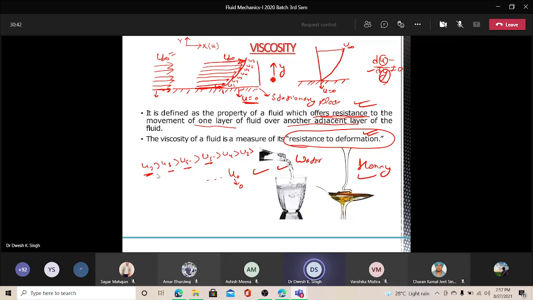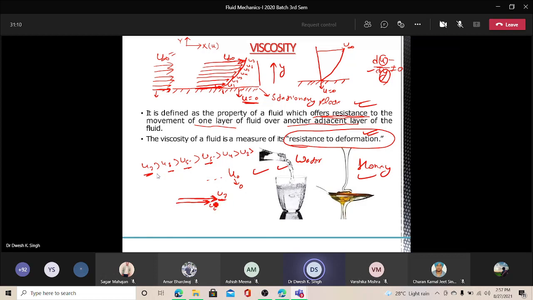Let me take two layers to understand this concept, the insight of this fluid flow. This layer has velocity u7 and this one has velocity u6. Let us see what happens when one layer tries to move while in contact with the other layer. It will try to resist the movement of that layer.